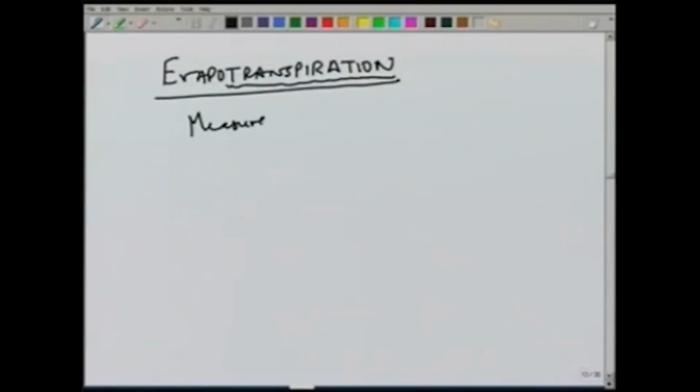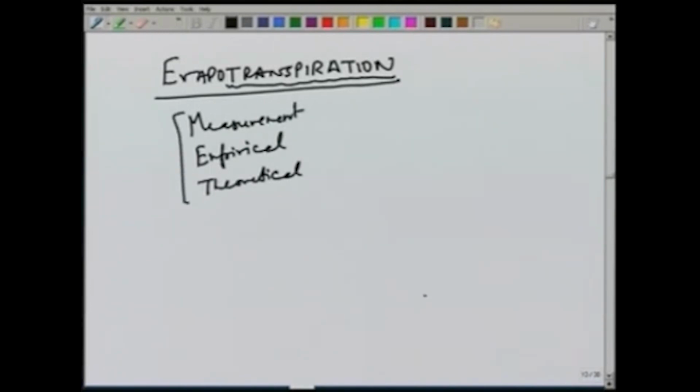So, evapotranspiration is comparatively difficult to measure or estimate compared to evaporation. Again, there are techniques which are similar to what we have used for evaporation. So, we can have measurement, or we can have empirical equations or we can have theoretical equations, same as in evaporation.